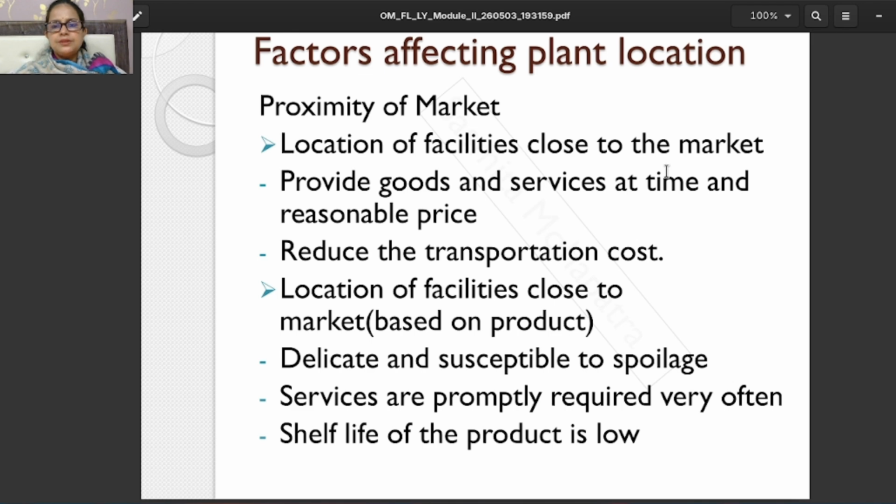We cannot go for storing for weeks. So services are promptly required very often. The shelf life of the product is low. Where the shelf life of the product is low, if the market is nearby, then that is good for the plant.